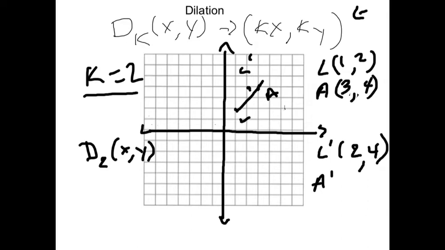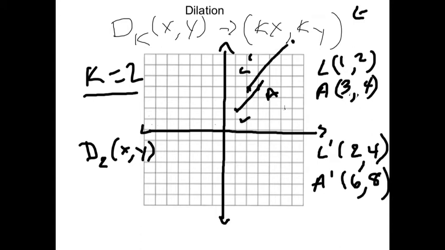And then for A prime, I know that the x value is 3, so when I multiply 3 by 2, I get 6. And the y value is 4, so I multiply that by 2 and get 8. And then I'm going to plot (6, 8), which is going to be somewhere up here.